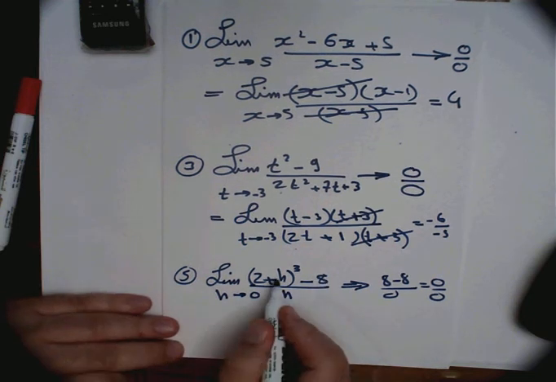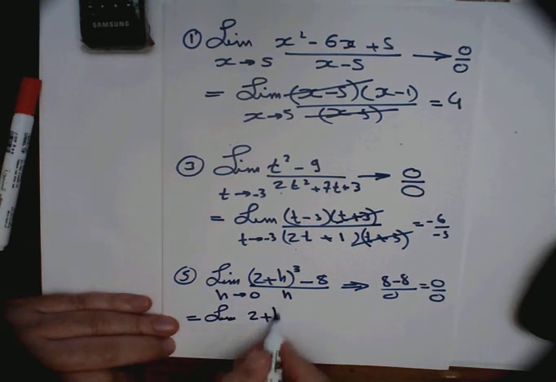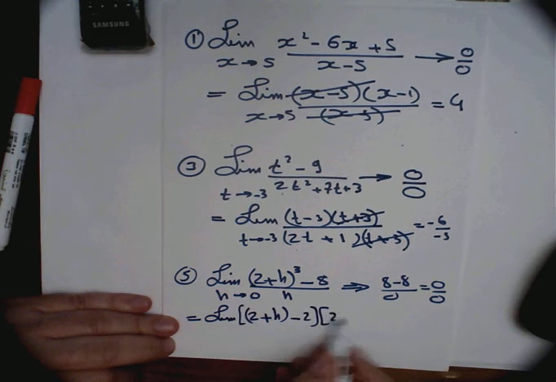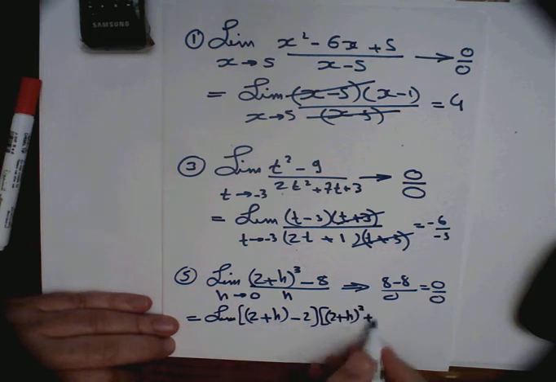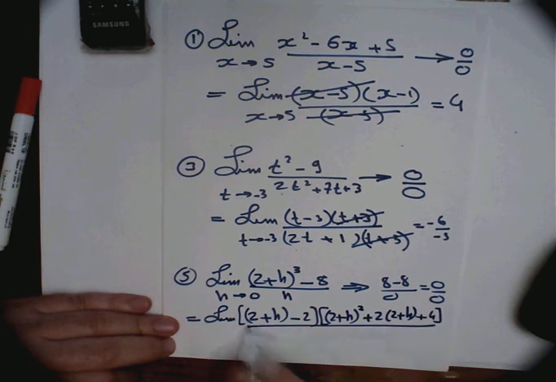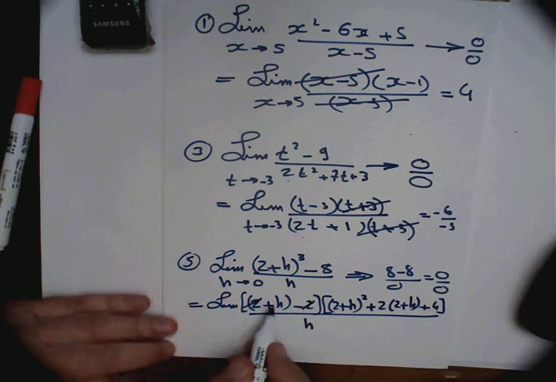look, the numerator is the difference between two cubes. So we can factorize 2 plus h minus 2 times 2 plus h all squared plus 2 plus h plus 4, divided by h. Simplify 2 with 2, the remaining is h.